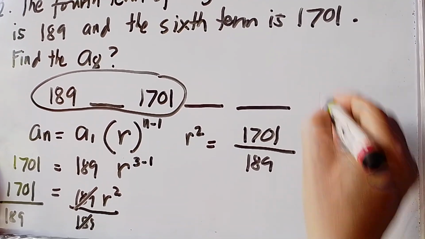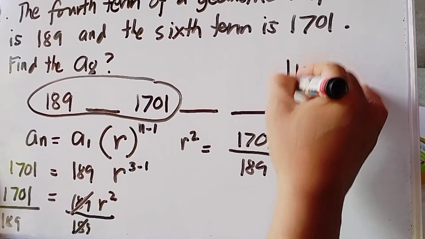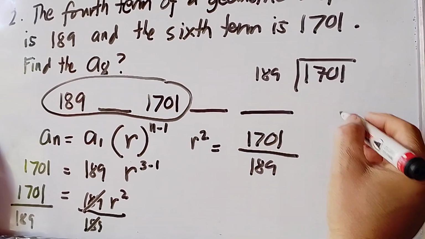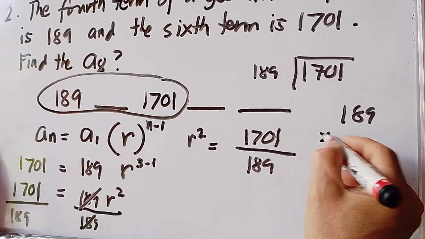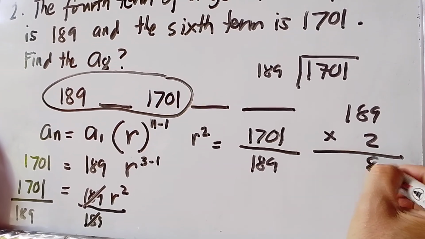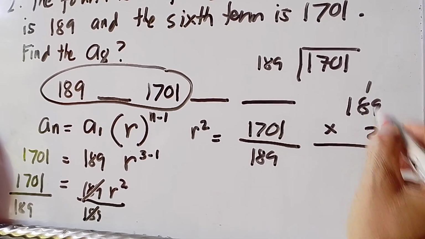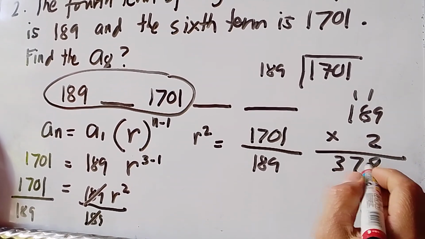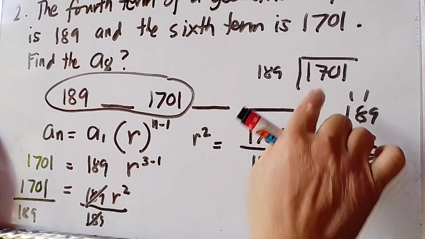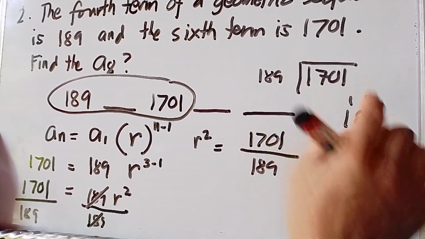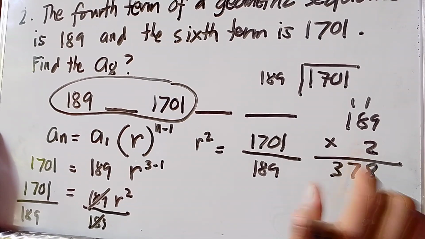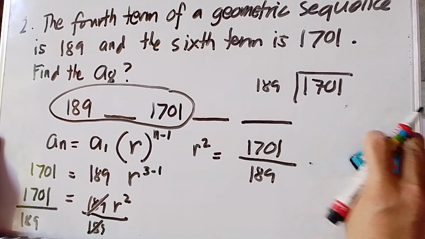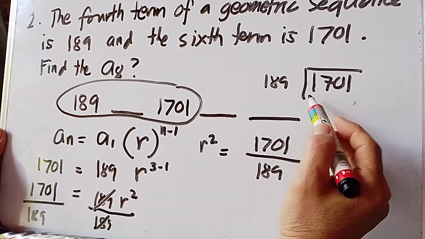Now, let us divide this one. 1,701 divided by 189. Okay, let us estimate, starting from 2. 189 times 2: 9 times 2 is 18, carry 1. 8 times 2 is 16, plus 1, 17, carry 1. And then 1 times 2 is 2, plus 1 is 3. Our dividend is 1,701, so let's say 3, because 189 times 2 is not yet the answer.